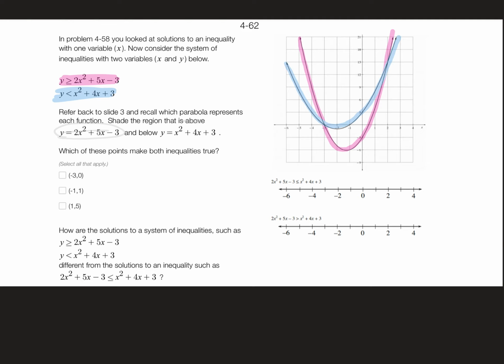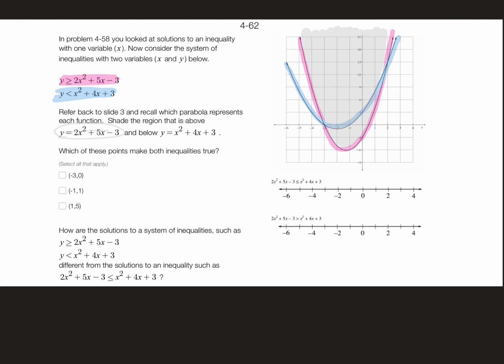So that would be things that are greater than or equal to 2x squared plus 5x minus 3. So that's everything above all of this, so it would include all of this. I'm going to just go right over that. So this is everything above that graph.